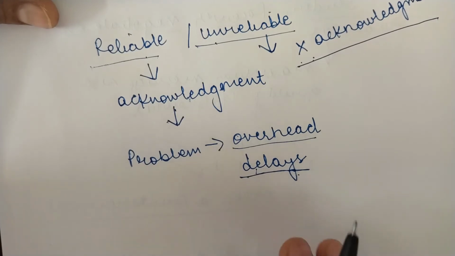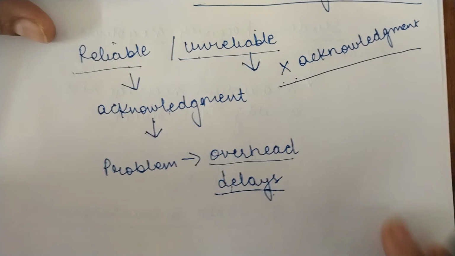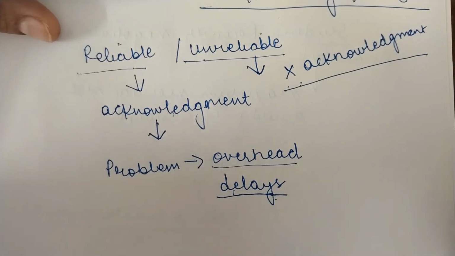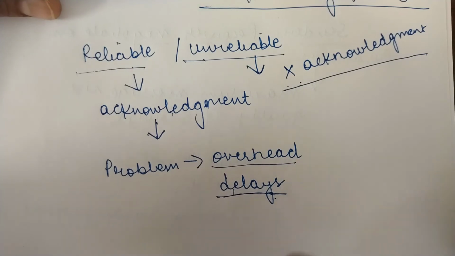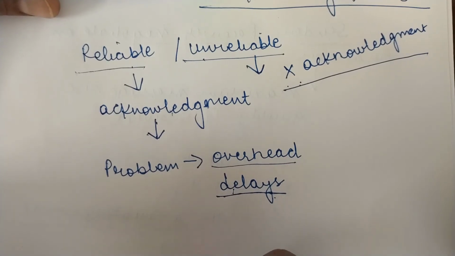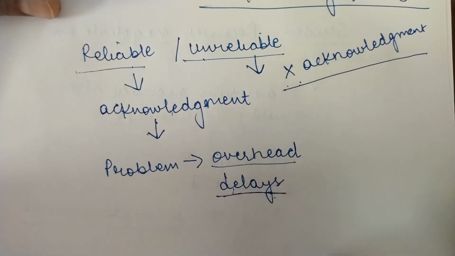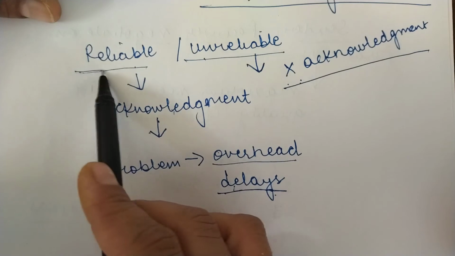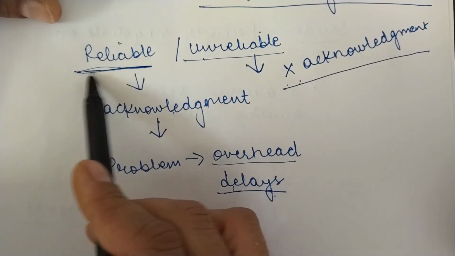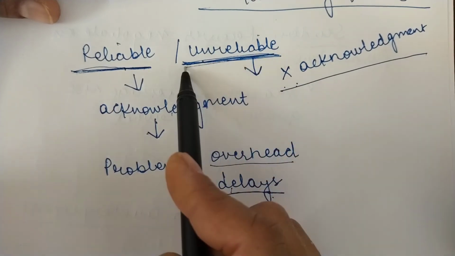Depending upon the kind of situation that you are in, you may choose a reliable or an unreliable service. For example, where you have to send digitized voice, or if you are in a video conference, in such cases where you are having a real-time conversation, unreliable service is more preferred, because you do not want any delays.